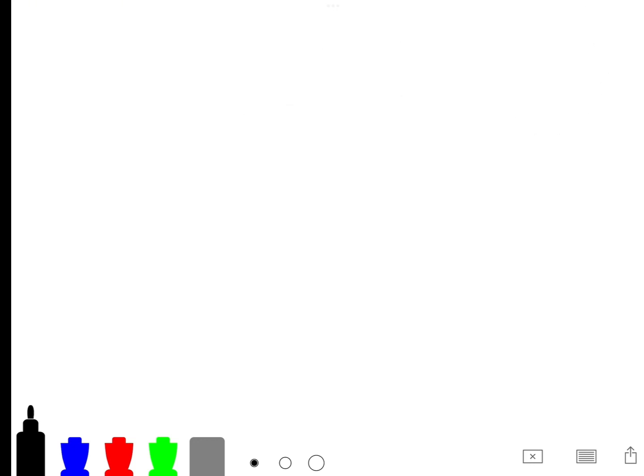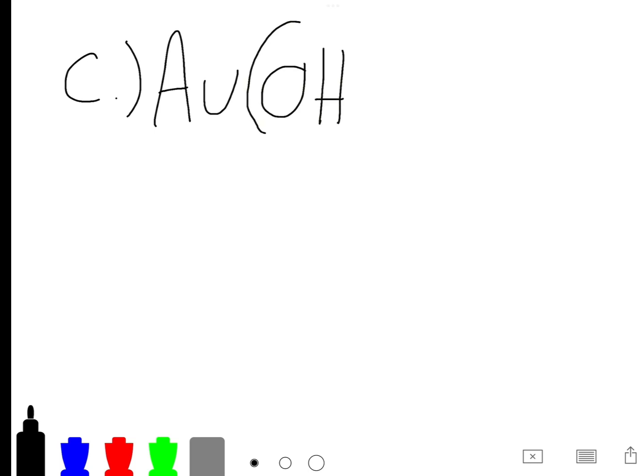Okay, C. This is where it gets slightly more complicated, but it's not hard. Understood 1, understood 1, understood 1. So you have 1 silver.